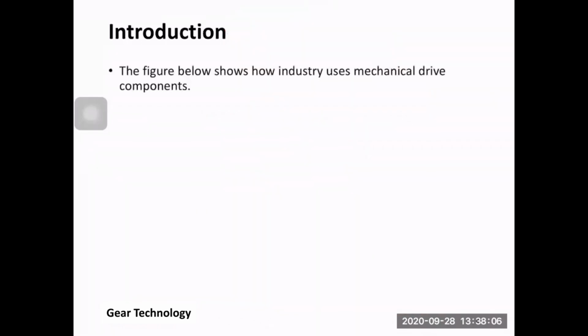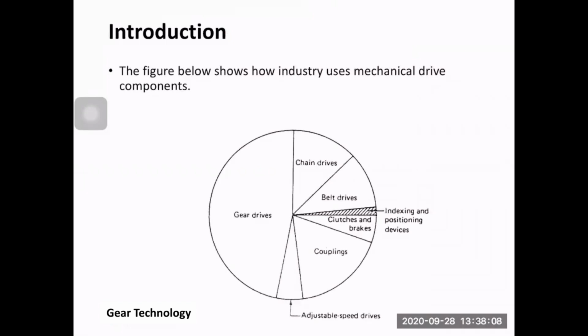So the figure below here shows you how industry uses mechanical drive components, right? And you see here, the share of the gear drives is very huge, actually. It's almost 50%. So almost 50% of the drives that are used in industry are gear drives.